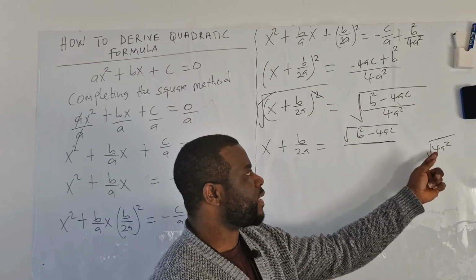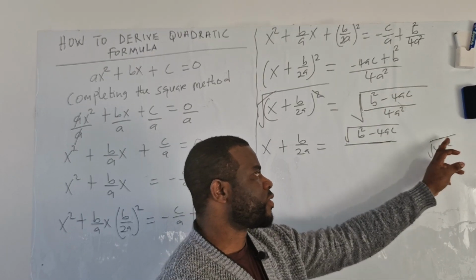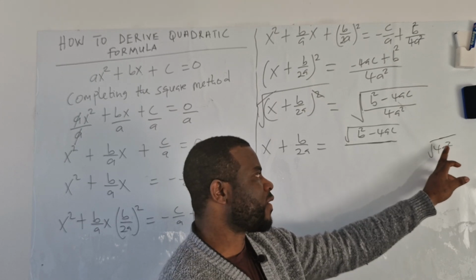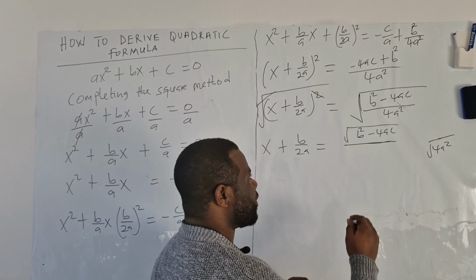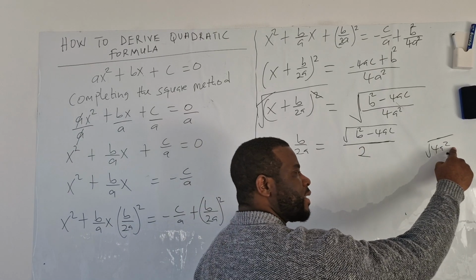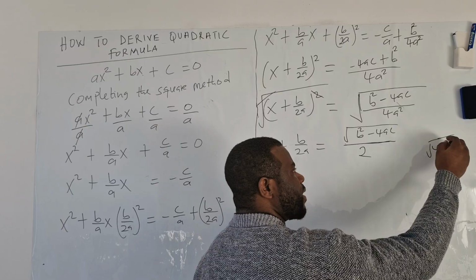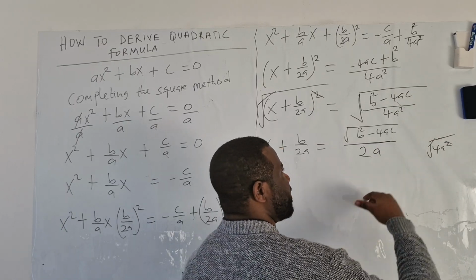Square root of the denominator, that's square root of 4a squared. Now, this square root is affecting 4, also affecting a squared. So we're going to have square root of 4, that is 2. And then square root of a squared, the square will cancel the root. So you have a here. So that is that for this one.